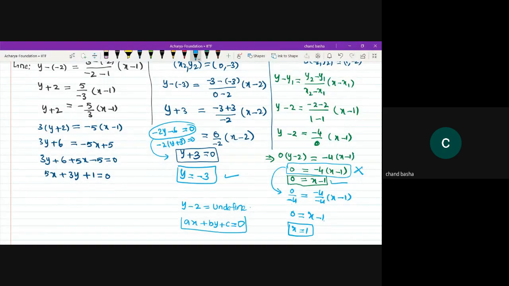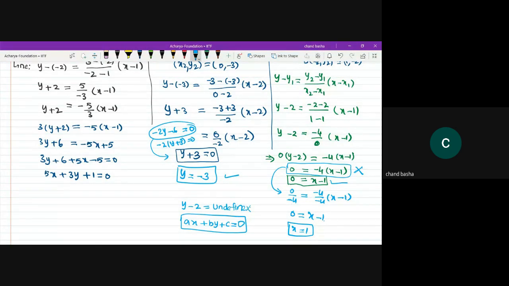My aim is to write all the equations in this format only. I can write x -1 is equal to 0, but I cannot write the right side as undefined.